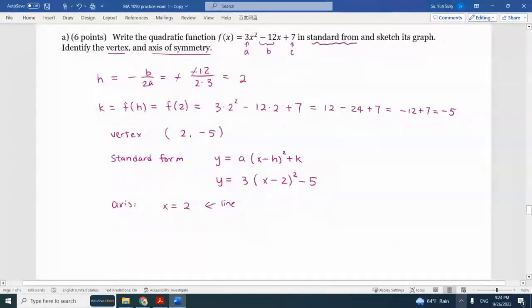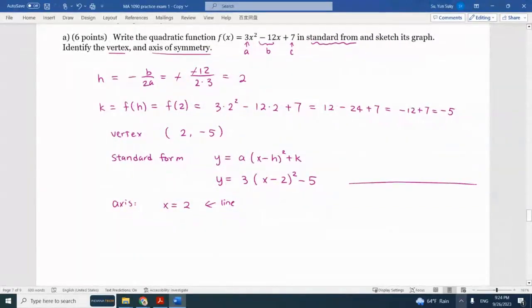Now you can sketch the graph. You don't have to find the x-intercept. The problem didn't ask you to find the x-intercept. So you don't need to do that. So 2, -5. So 2 here, -5 here. This is the vertex. Our A is 3, positive, so opens up. So your parabola looks like this.